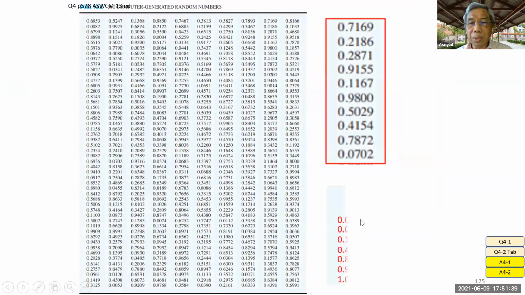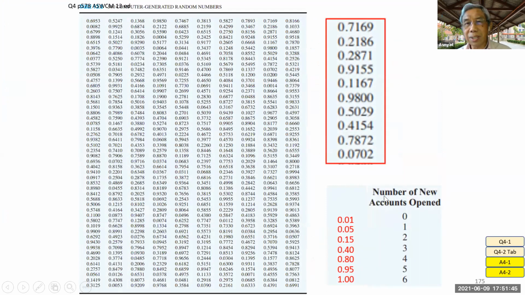So this is the cumulative probability that we get. I reproduce it here, and then these are the accounts opened. 0.1, that means 0 accounts, 0.5, 1, 0.15, 2, 0.4, and so on. So these are the random numbers which we generate from the table.